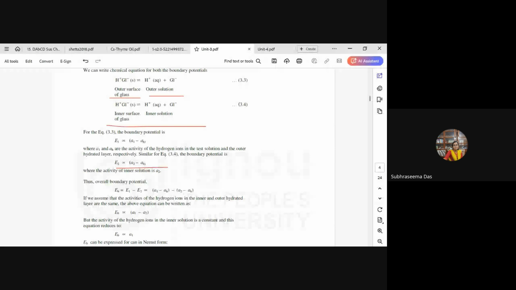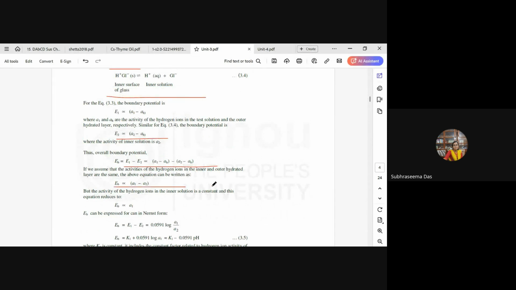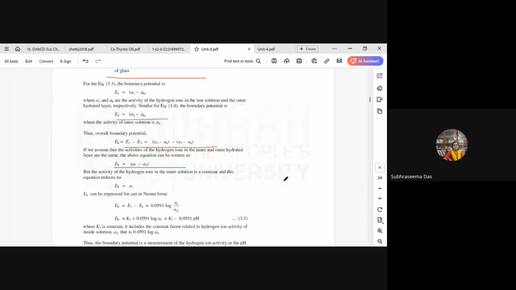EB can be represented as E1 minus E2, which is directly proportional to (a1 minus aH) minus (a2 minus aH). Now if we assume that the activities of the hydrogen ions in the inner and outer hydrated layer are the same, then the boundary potential EB is directly proportional to a1 minus a2. But since the activity of hydrogen ions in the inner solution is constant, this equation reduces to EB being directly proportional to a1.